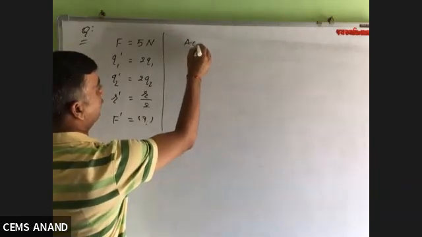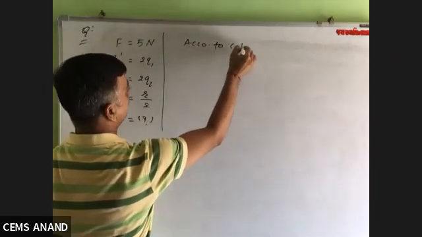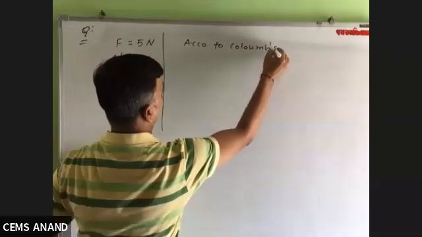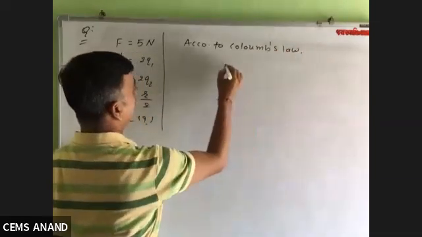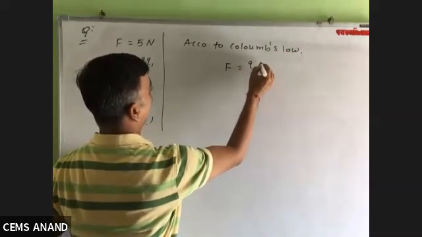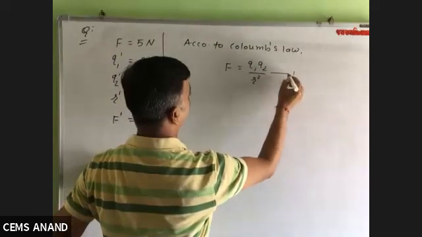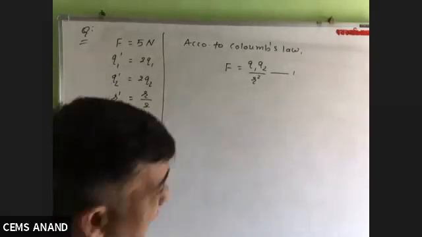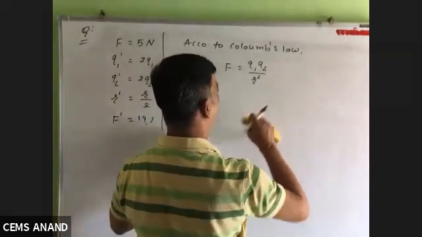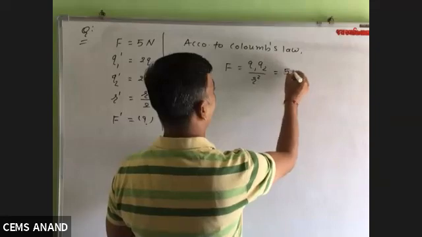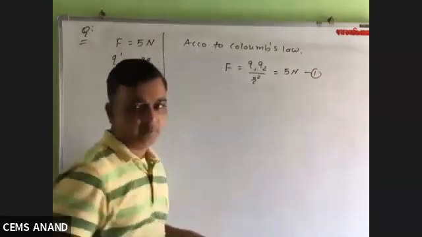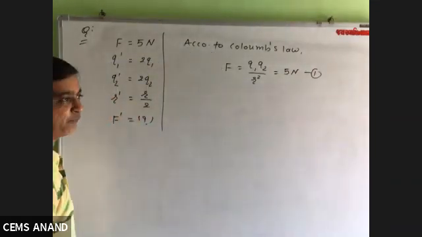So according to Coulomb's law, F equals k Q1 Q2 by R square, which in turn equals 5 Newton. This was the first case.